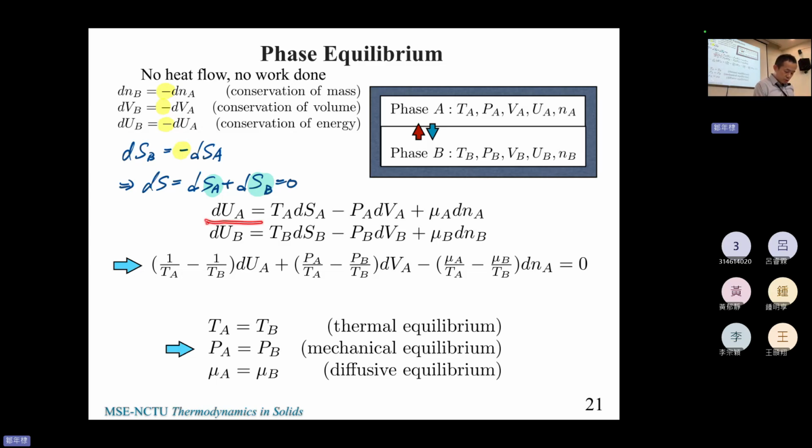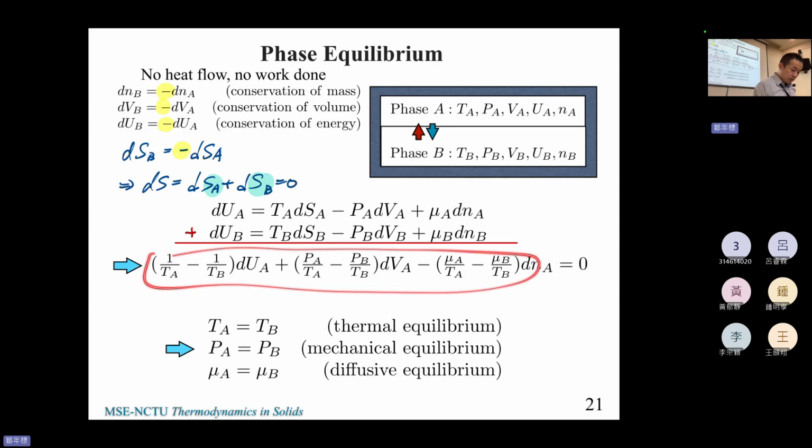We can always write the dUA and the dUB. We sum them together, and we can obtain this. All right. Of course, you can see that this is at page 18. All right. So I will see you after 10 minutes. If you have any questions, just come here. Yeah. Have a nice break.